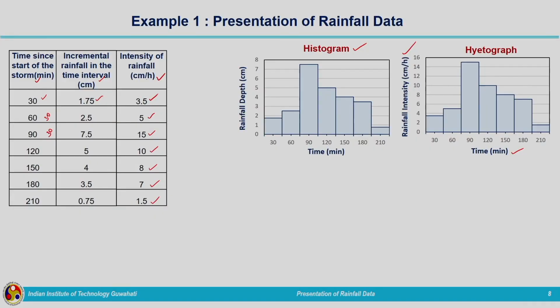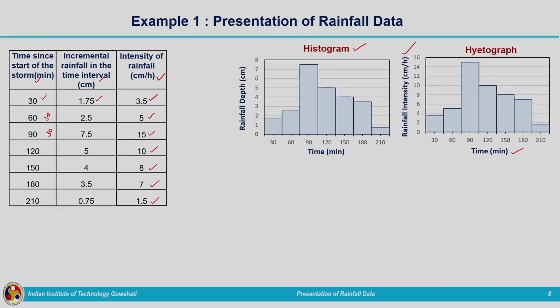Now, the third one asks to plot the mass curve. How can we plot it? Mass curve is the curve representing the cumulative rainfall depth versus time. So, we need to calculate the cumulative rainfall. Each and every incremental rainfall should be added up to get the cumulative rainfall up to that particular time.